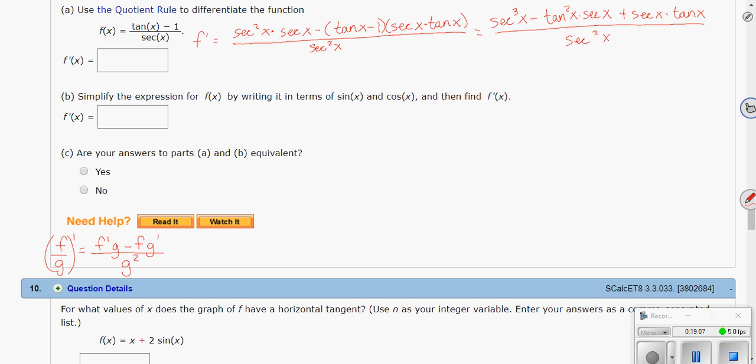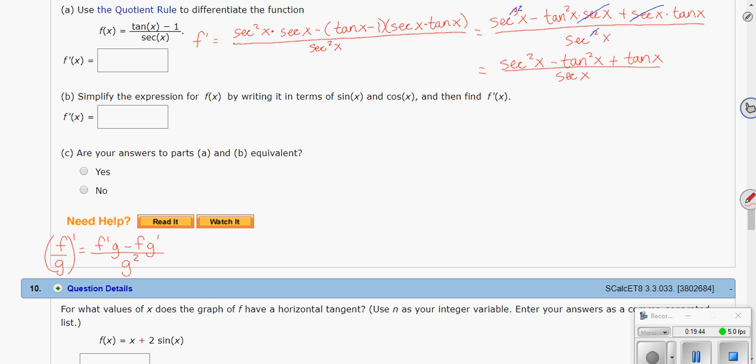Now, what I notice here is I have at least one secant in every term on top that I could cancel with one of the secants on bottom. So if I do that, it's going to leave me secant squared x minus tangent squared x plus tan x all over secant x.